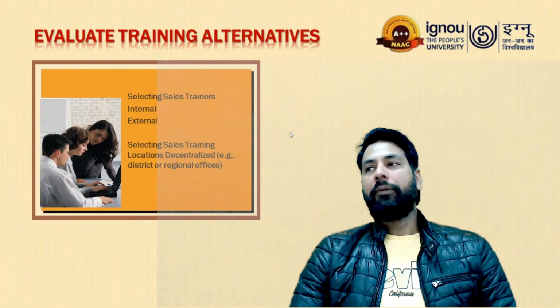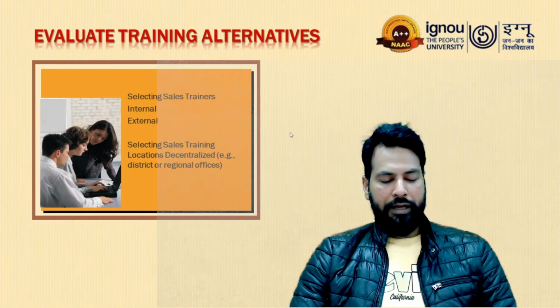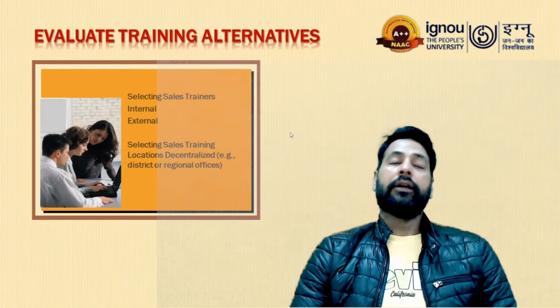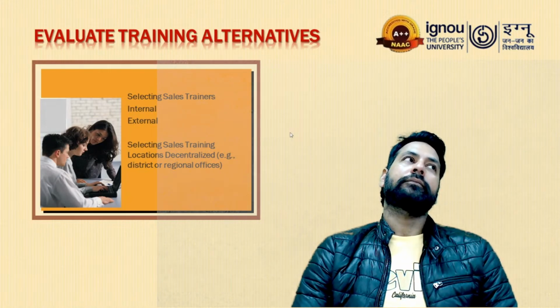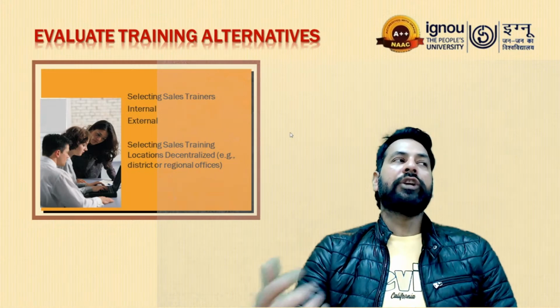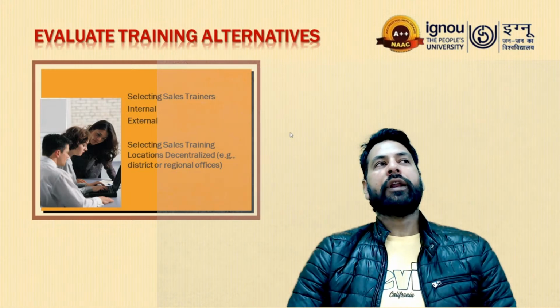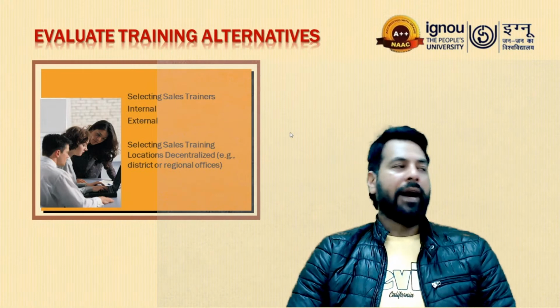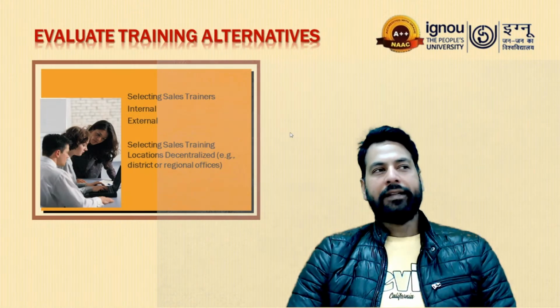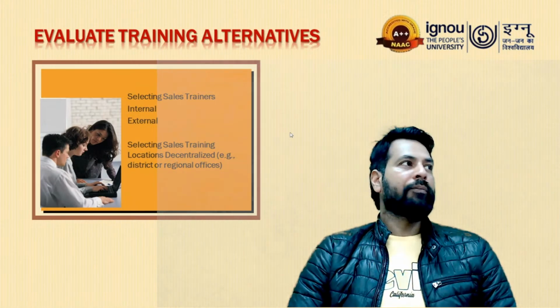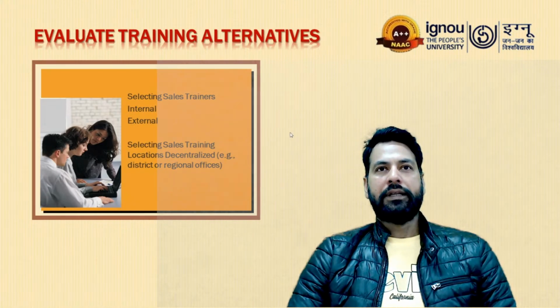Now, when I talk about the trainer, I would also like to speak about the location where the training could be held. It might be on the site, that is in office, or it might be outside the office.